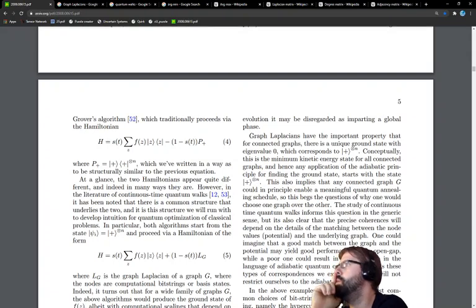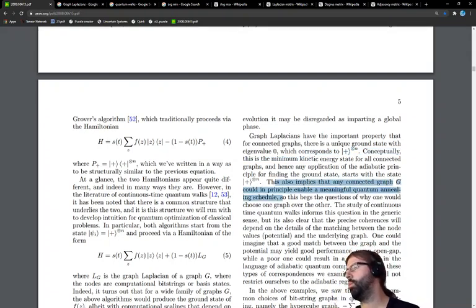Conceptually, this is the minimum kinetic energy state for all connected graphs. How is that so? And hence, any application of the adiabatic principle for finding the ground state starts with this state, the minimum kinetic energy state for all connected graphs. So this implies that any connected graph G could in principle enable a meaningful quantum annealing schedule.